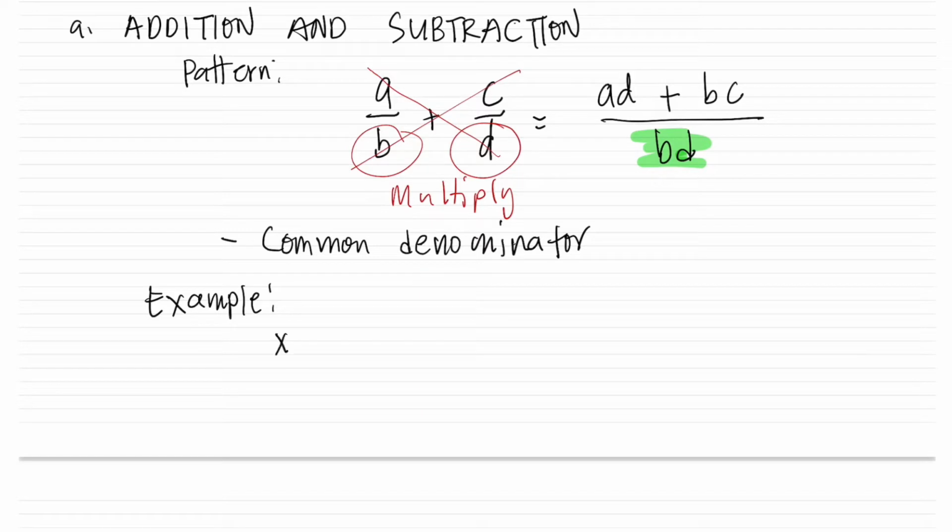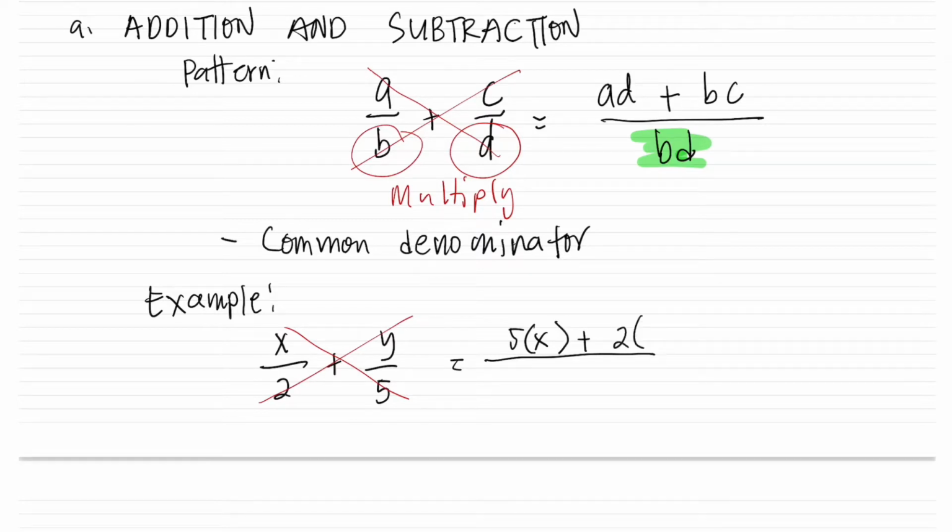For example, we have x over 2 plus y over 5. The first thing we do is cross multiplication. So we have 5 times x plus 2 times y, and then we multiply the denominators, 2 times 5.